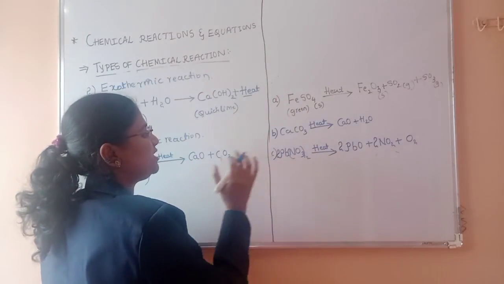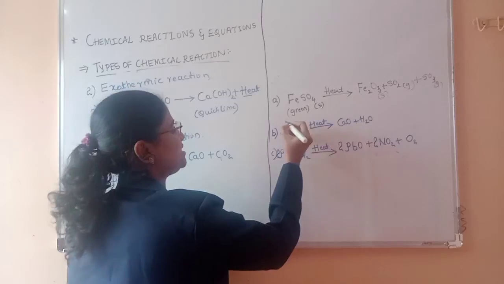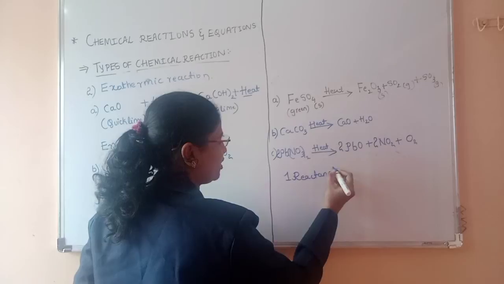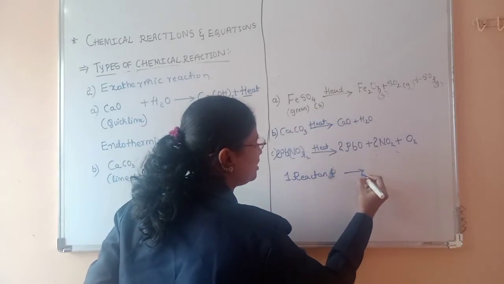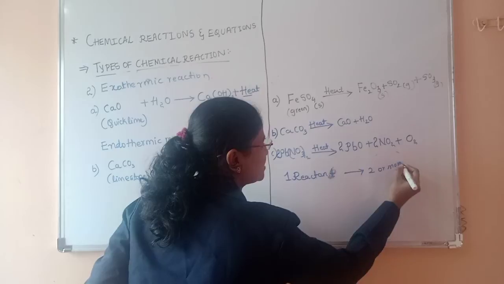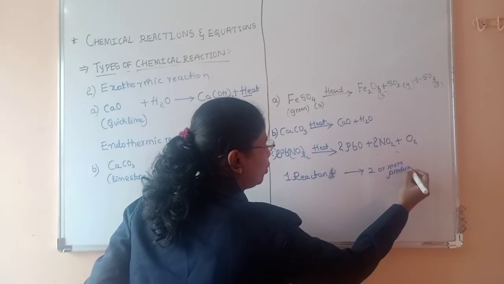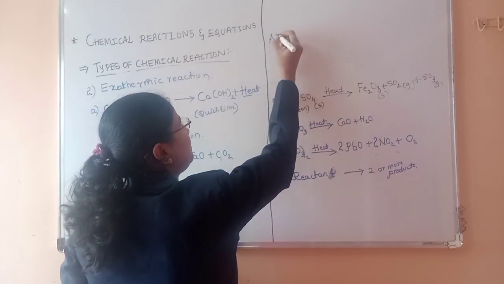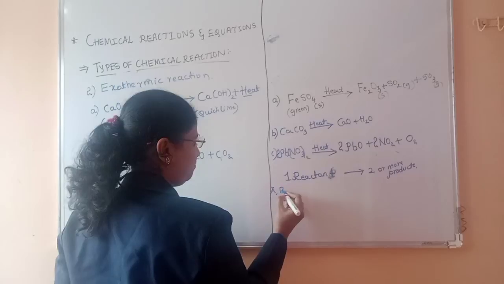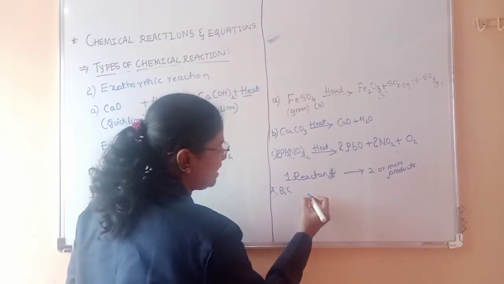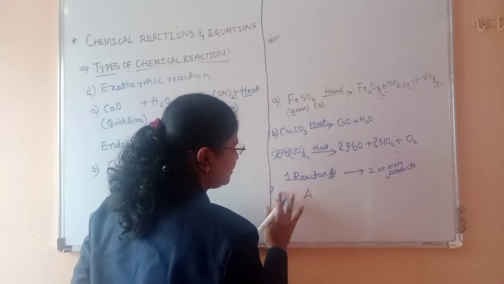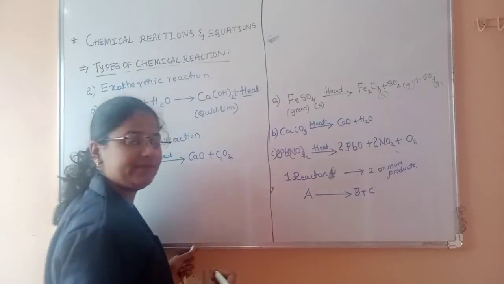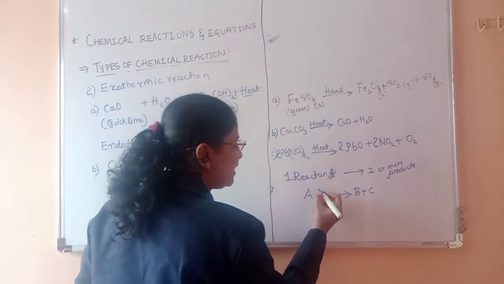When you observe these examples, in all of them there is one reactant, which gives two or more products. Let us consider it in a simple way with the alphabets A, B, C. Here A breaks into B plus C by absorbing energy.